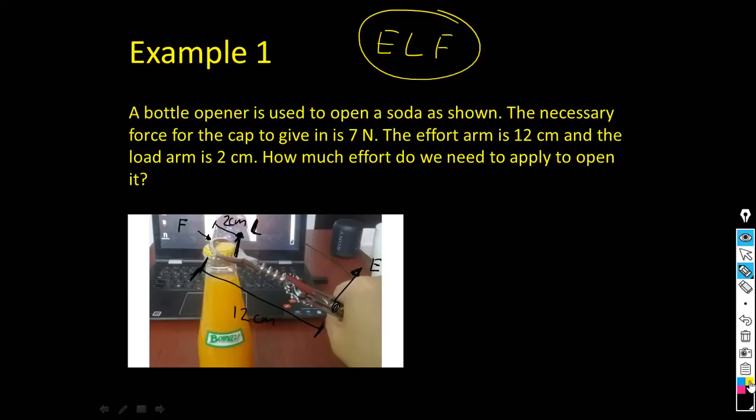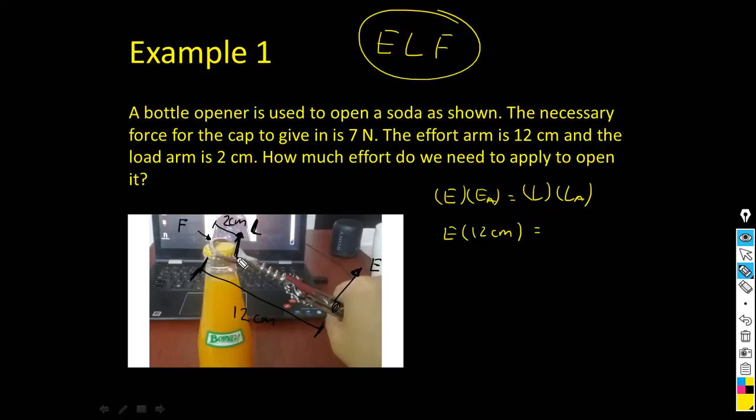Okay. So let's see. What is the fundamental equation for the lever? Remember, it's effort times effort arm equals load times load arm. You can memorize it that way. So let's put all the information we have in here. The effort, we don't know it. That's what we're trying to get. The effort arm is 12 centimeters. The load is 7 newtons.